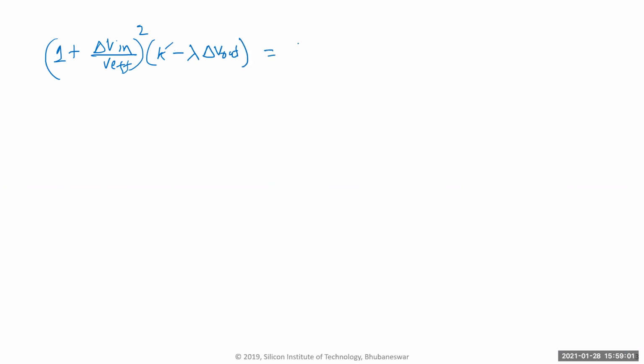And this is equal to 1 minus delta V in over V effective squared times K dash plus lambda delta V out, right?